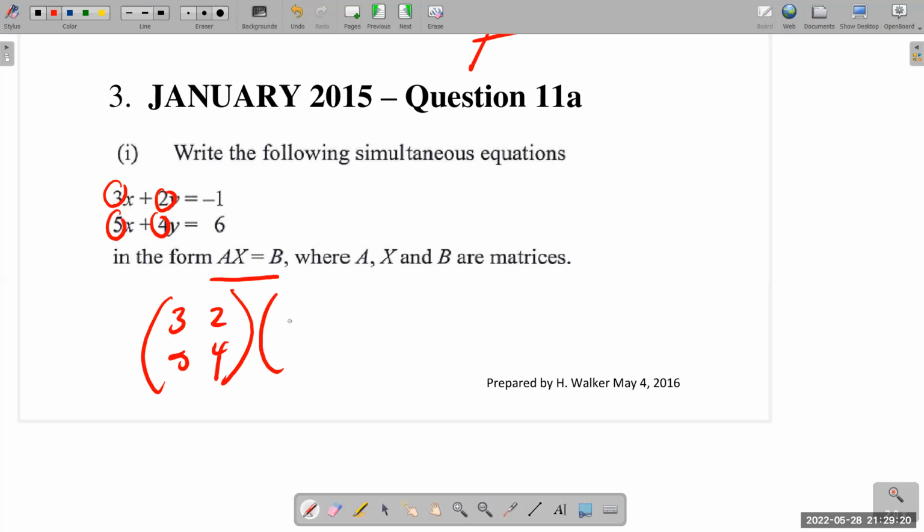Who is X again? Who represents X? Anybody remember? It's going to be X and Y. Remember, X represents the variables. And then B, who is B? B would be these terms right here, -1 and 6.